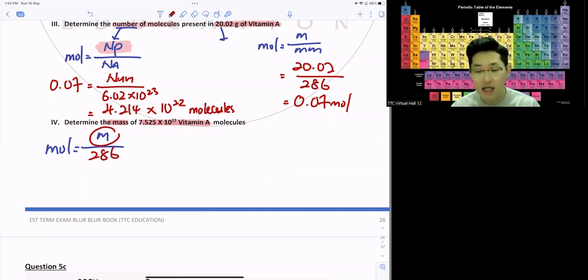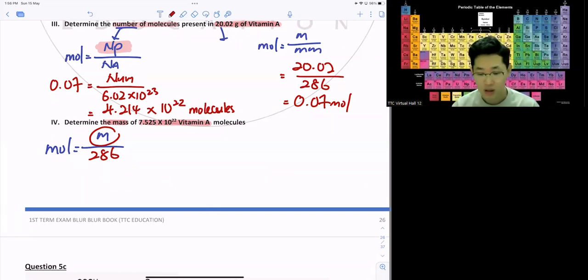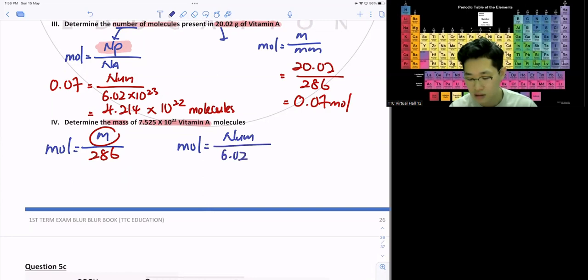Do I have a mole here? Don't have, there's no number of mole. So what do I have to do? Find the number of mole. So from this value given, which is a long, big number, we sub it into the formula for number.